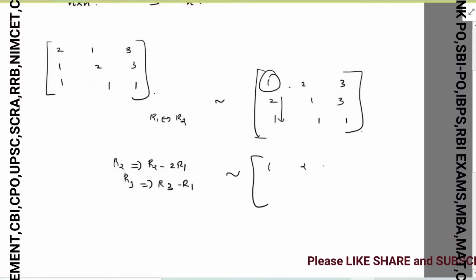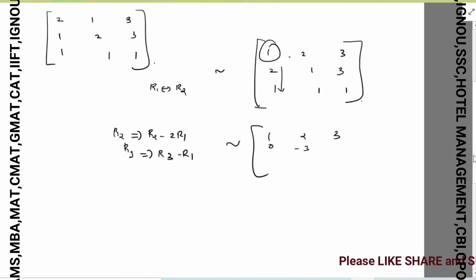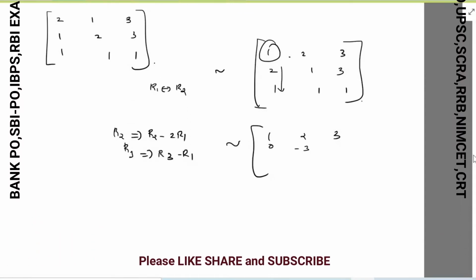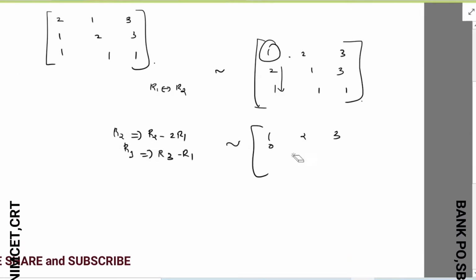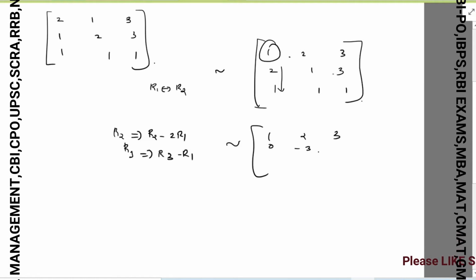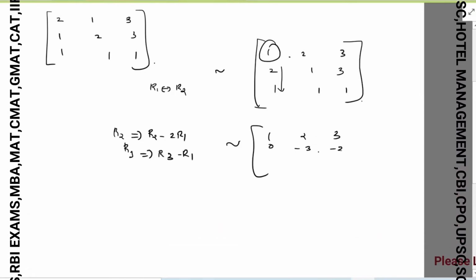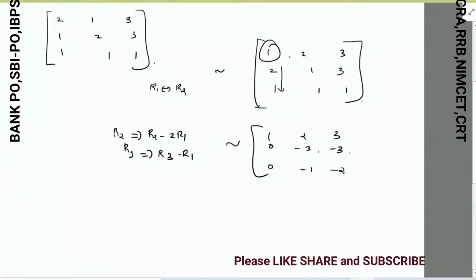So this becomes 1, 2, 3; 0, minus 3, and the next element is 3 minus 6, which is minus 3. And R3 will be 0, minus 1, minus 2.